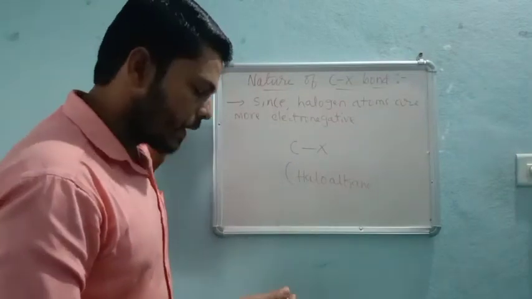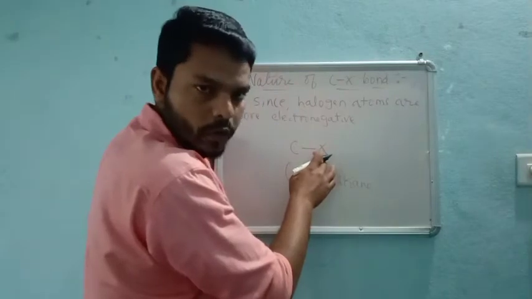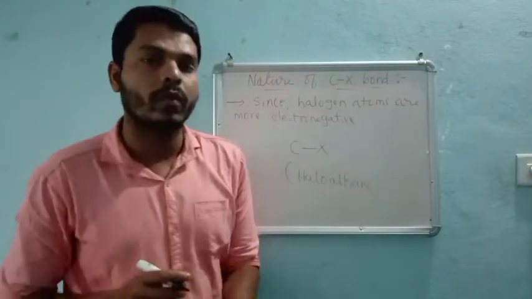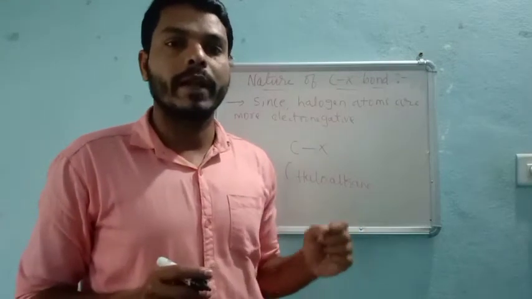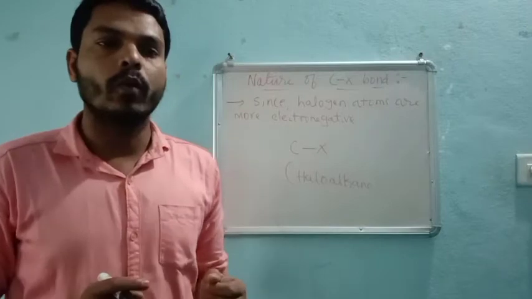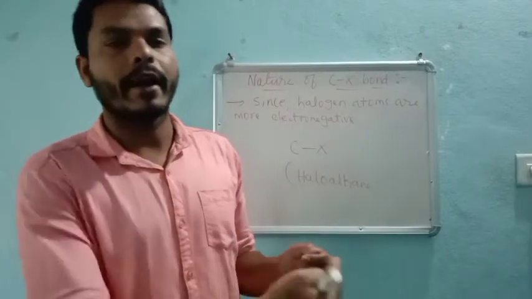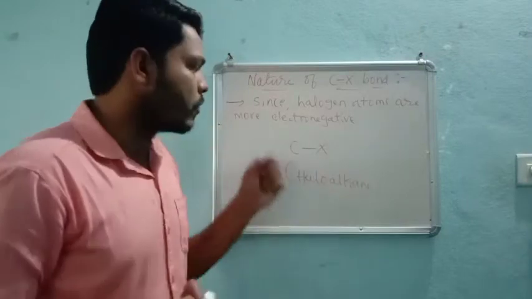If we compare carbon and the halogen, the halogen is more electronegative, and you already know what a more electronegative element can do. A more electronegative element can drag the electron towards itself, which is very important. You must and should remember this.